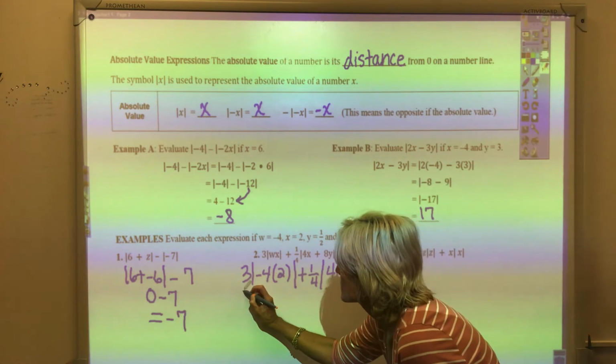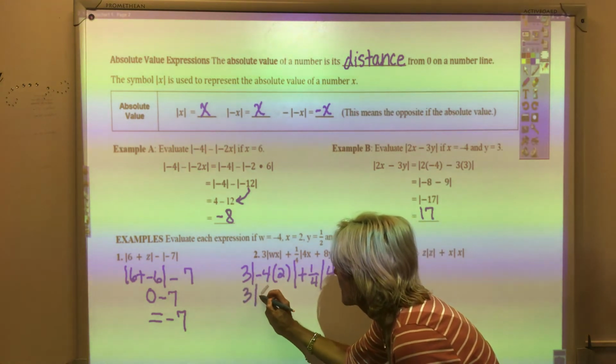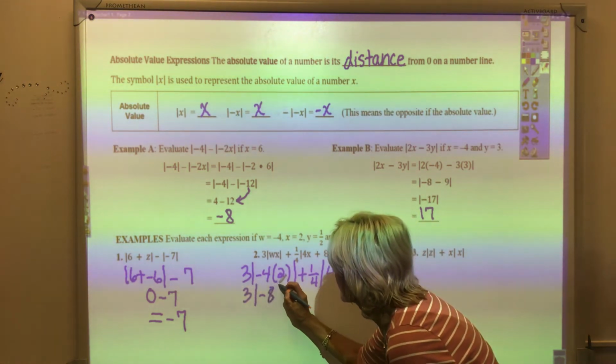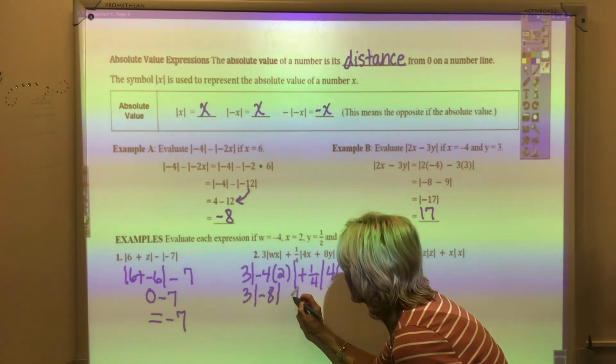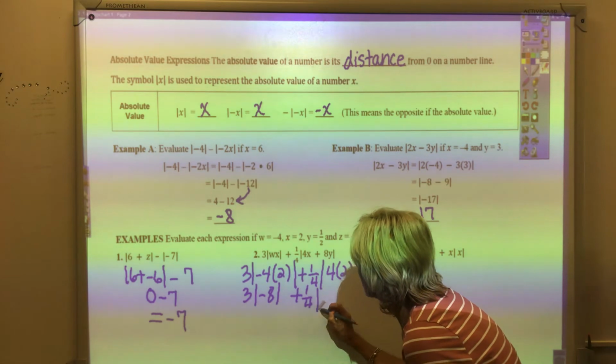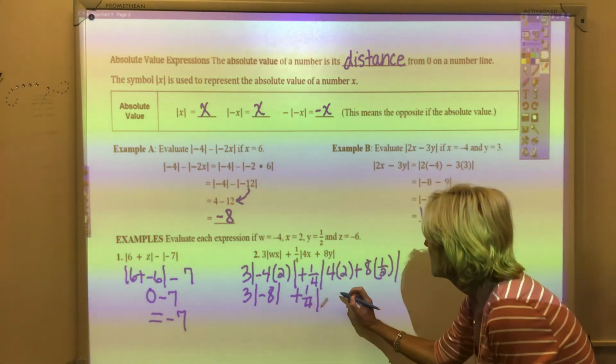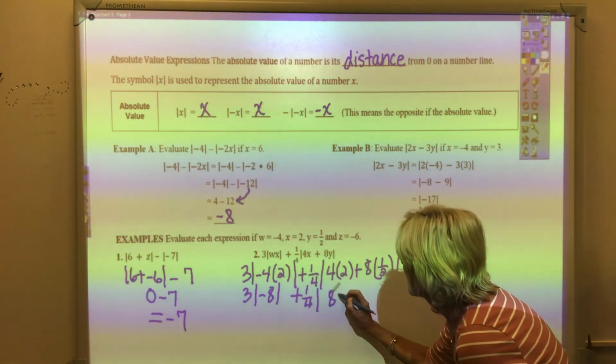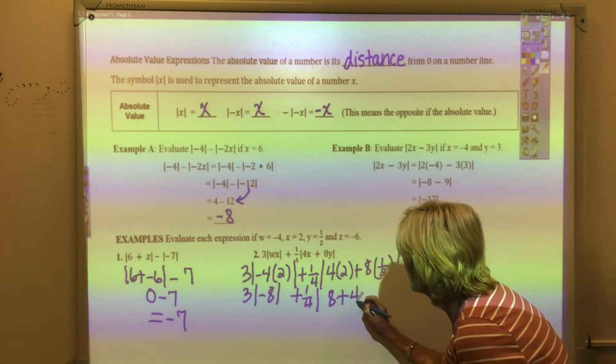So this will give us 3 times the absolute value of negative 8, plus 1/4 times the absolute value of 8 plus 4.